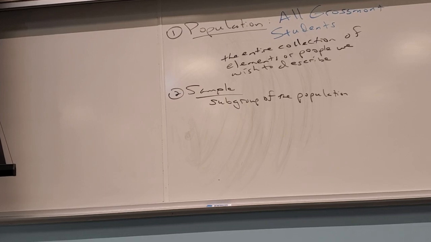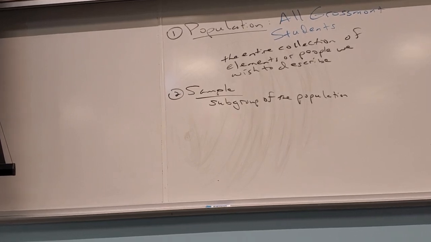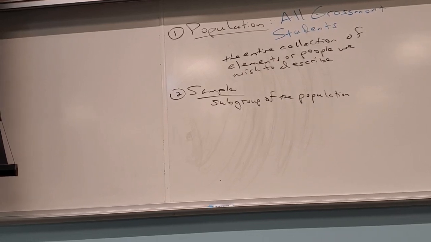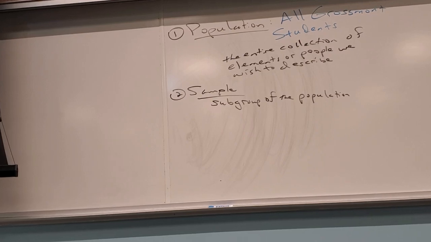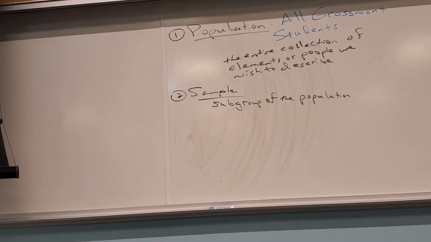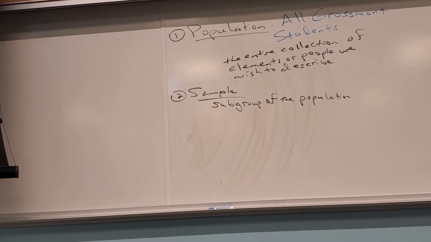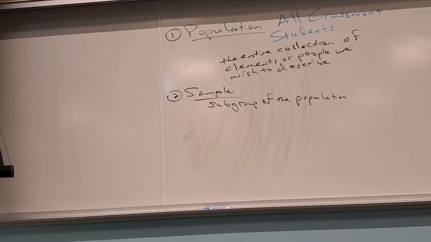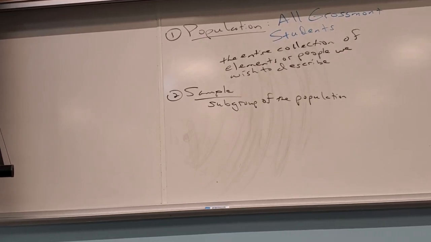Yes. Does everybody have to take statistics? Is everybody able to take a class at this time? No. Is everybody able to come face to face? No. So there's a bunch of Grossmont students who would never be here, and they have 0 chance to get into the sample, correct? Does that make sense? So the official definition of a random sample is one in which everything in the population has an equal chance to get into the sample.